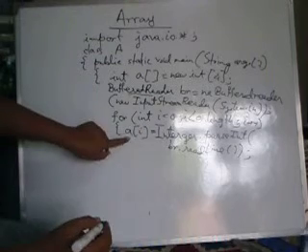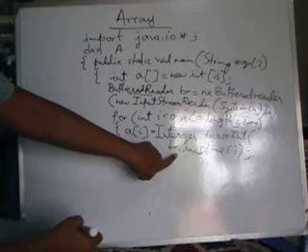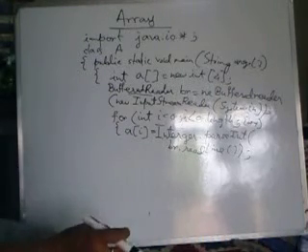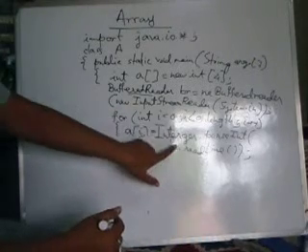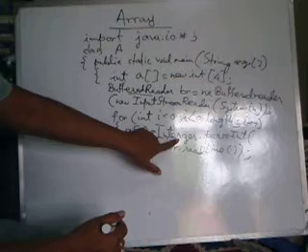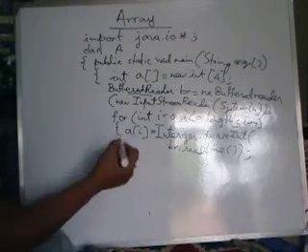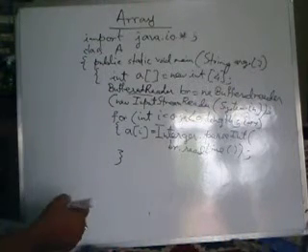Together, within A[i] the number will be taken as input. br.readLine() will take a string as input. Then that string will be converted to an integer by the parsing method of the Integer wrapper class, and that will be stored within A[i]. So this is the only one statement which can help us to take input within the array.